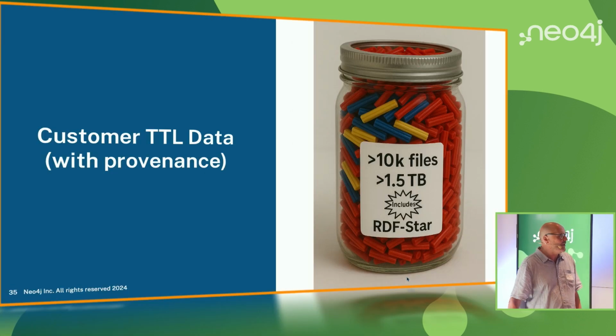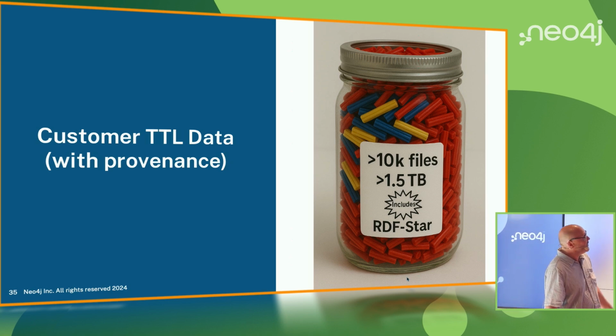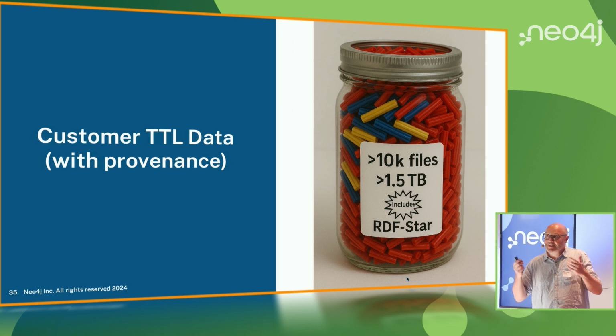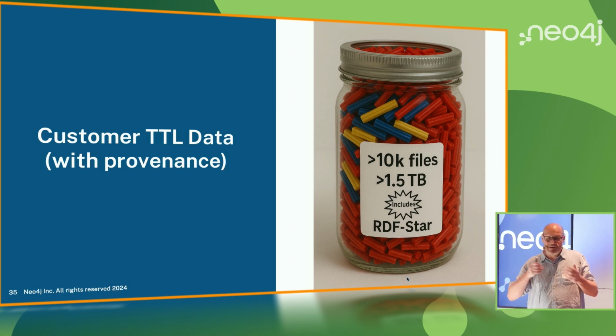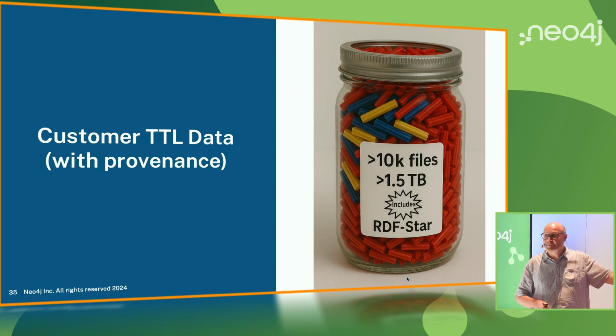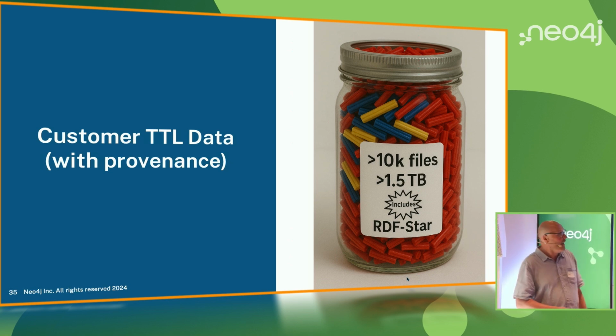Challenge 2: the triple store changed a bit because the customer asked that for every single literal value in there, we understand which data source it came from. So it has some provenance, and that provenance is described by RDF star within the RDF world.